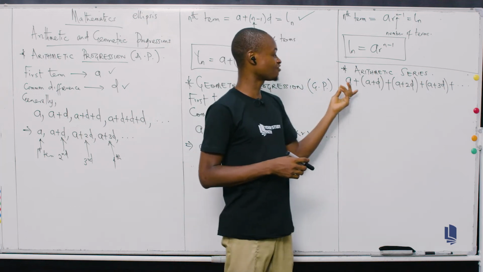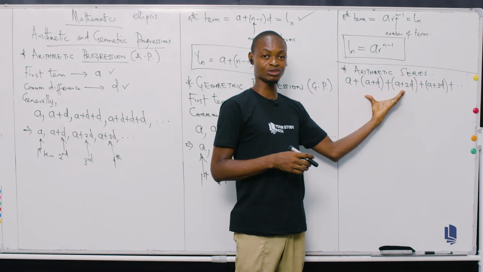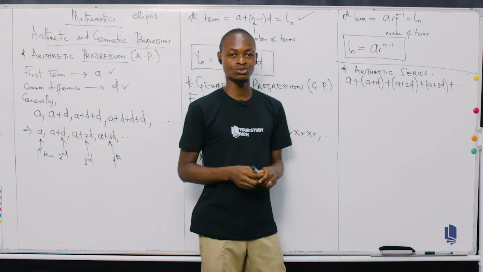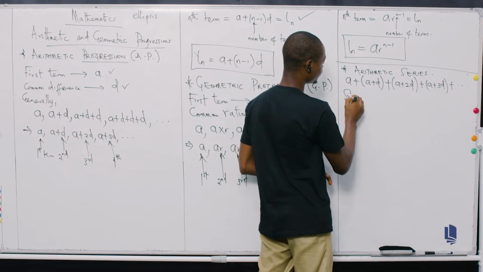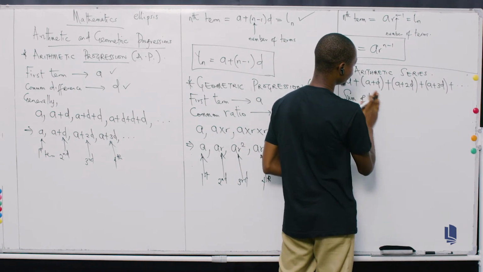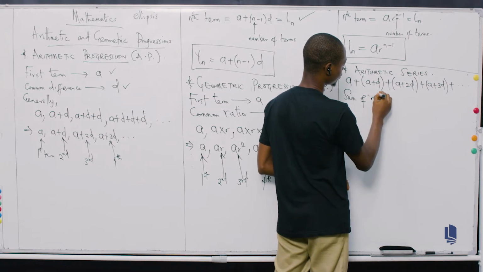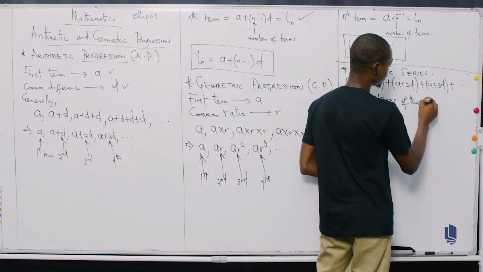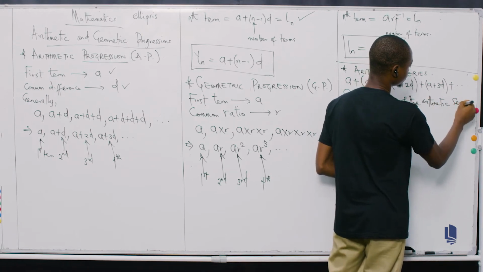Which means I can take the sum of the first 2 terms, which will just be these 2. Sum of the first 3 terms, which will just be these 3. And then sum of the first 4 terms, which will be these 4 terms. And so on and so forth. By that, it means that we can generate the formula for the sum of n terms of the arithmetic series.